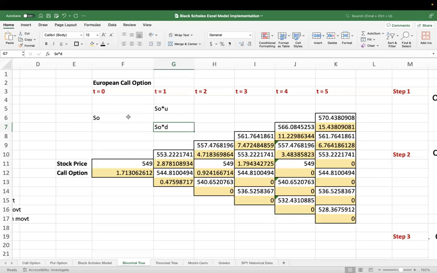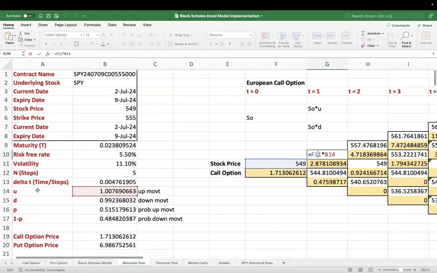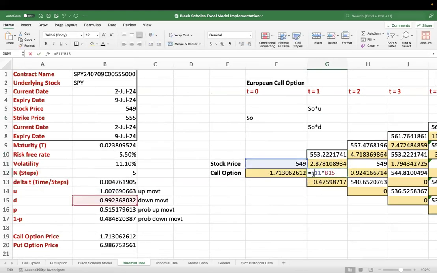I'll wait for everyone. We just saw this concept, right? We have S naught, and to arrive at the upward price and downward price, we just multiply with u and d. So what is the upward price? S naught times u. And the downward price will be S naught times d.